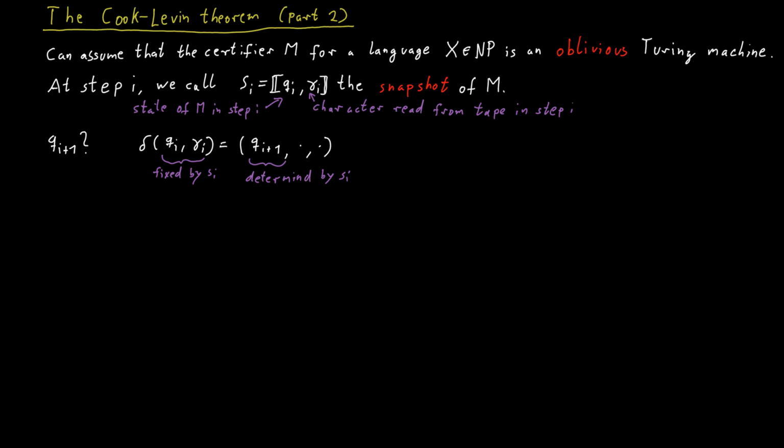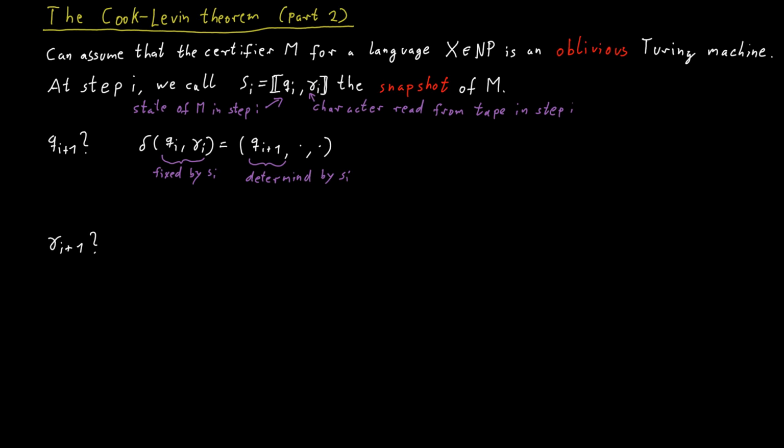The second thing we are interested in is how we can find out what gamma i plus 1 is. So what is the next character the machine will read? This is slightly more complicated, and there are two cases. The first case involves the situation where the next character we read is a character that we wrote onto the tape in some previous step.